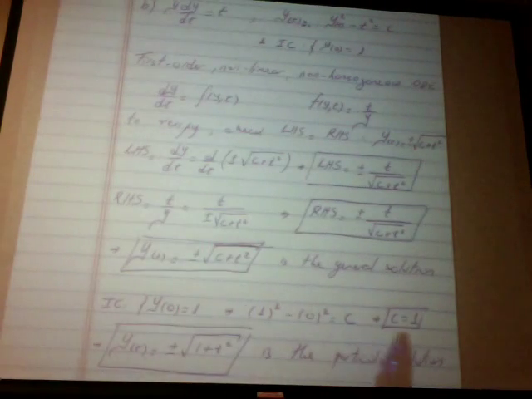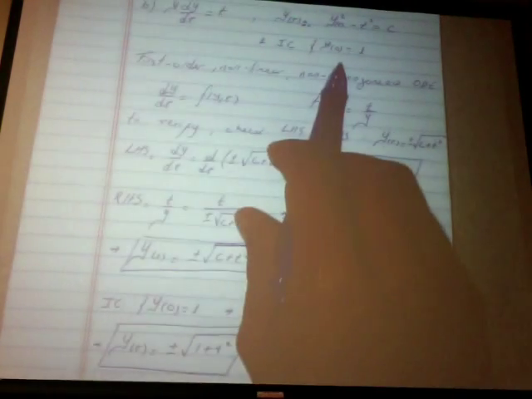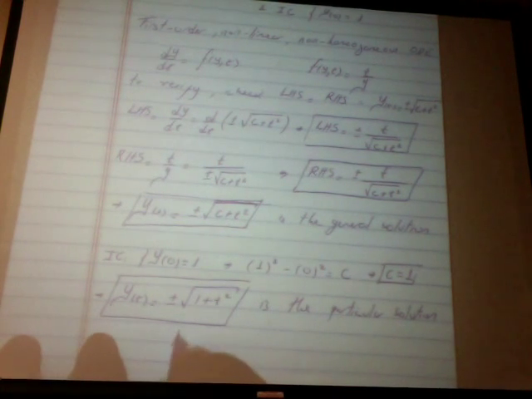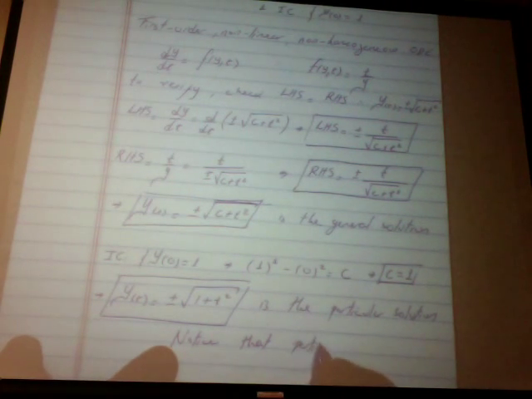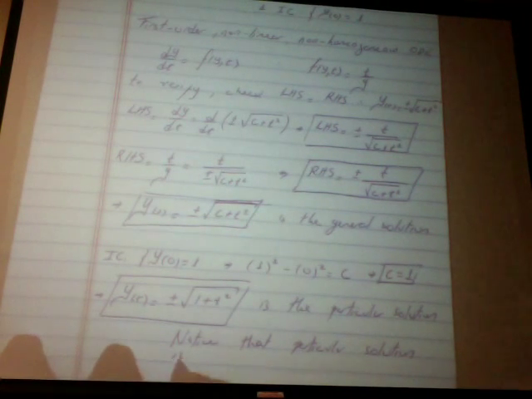Even though we found that c is equal to 1, we plug in the c, the plus minus stays there, but when time is equal to 0, we can only have the plus sign because the initial condition has to be 1, not minus 1. But also notice that the particular solution is not unique.